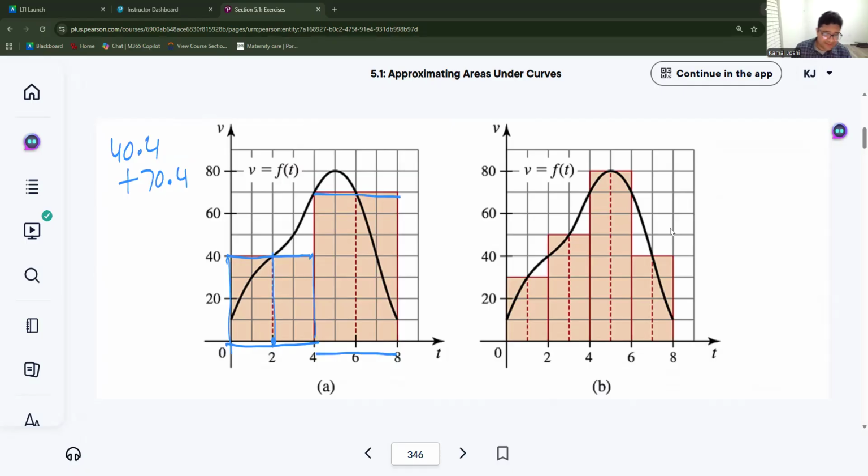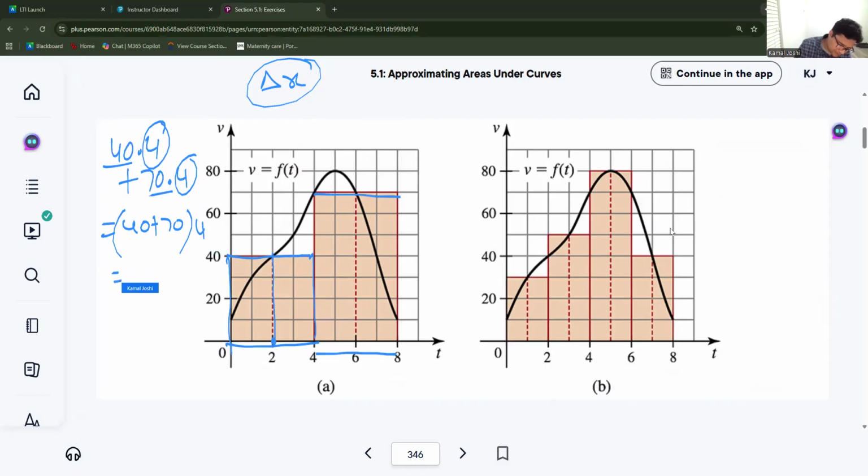One of the advantages of choosing intervals of equal lengths is this times factor, the delta x. In the notation in the theory, that will be the same for all the subintervals. As a result, you can just add the values of the function and then multiply by a single delta x. So I can say this is 40 plus 70 times delta x, which is 4.